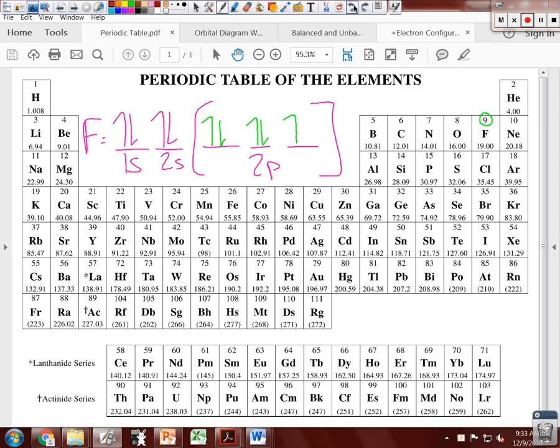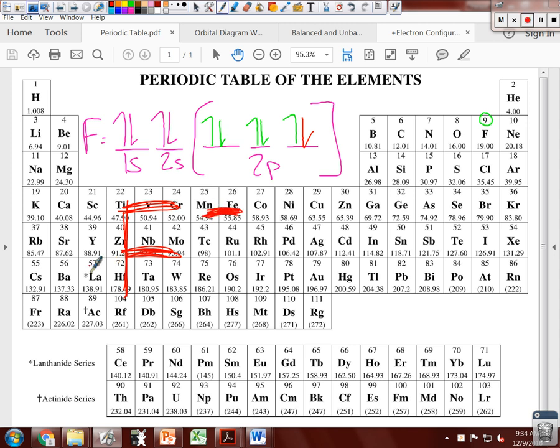So this would represent what fluorine would look like. If we come in and add this, fluorine is now full. Fluorine is now stable. But here's the important part. Is fluorine still just F? Why is it F negative?